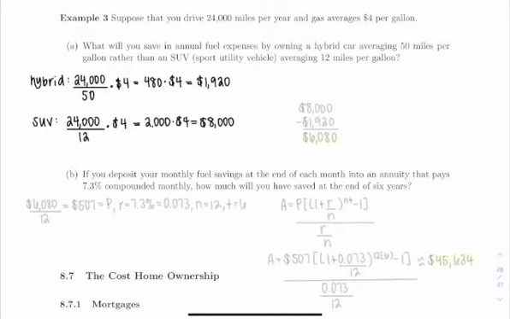And so the difference between these two, $8,000 minus $1,920, will give me savings of $6,080 per year.